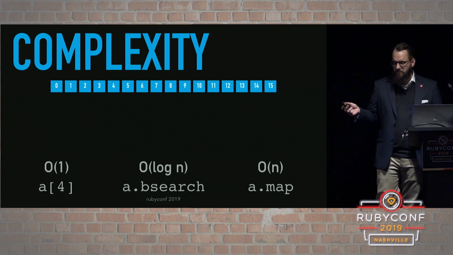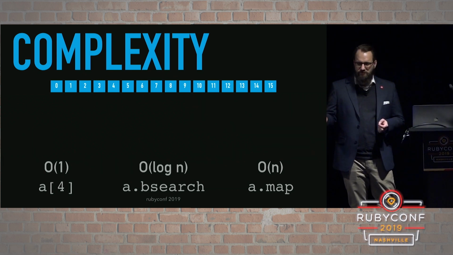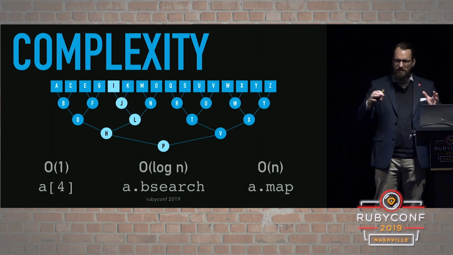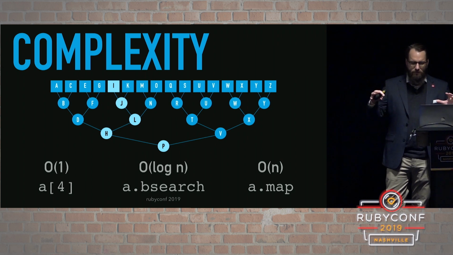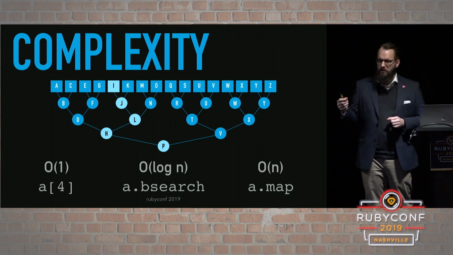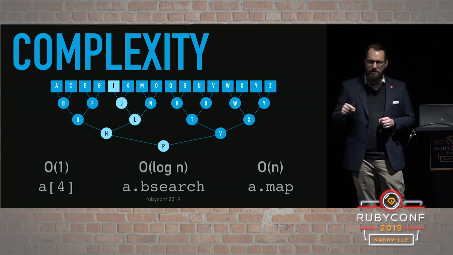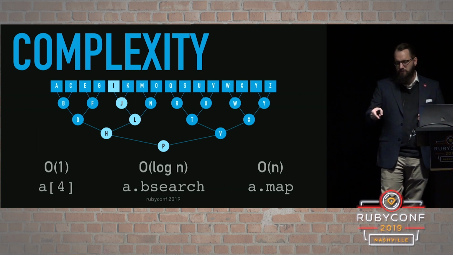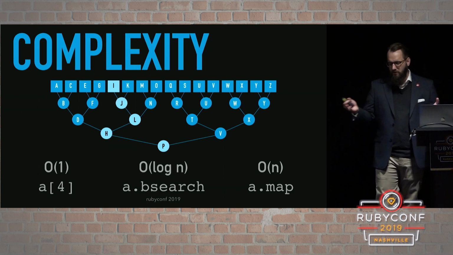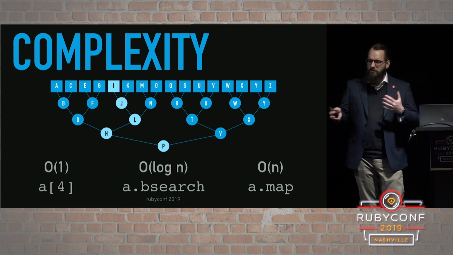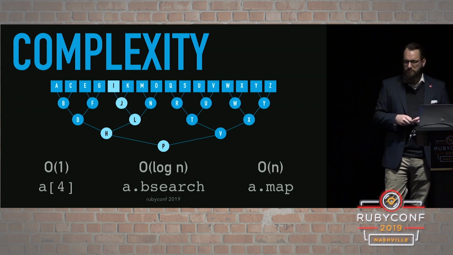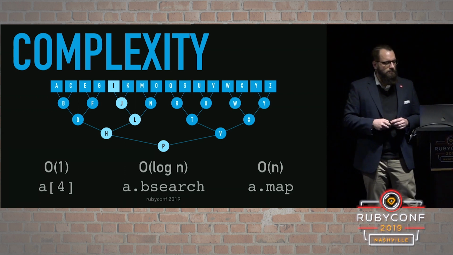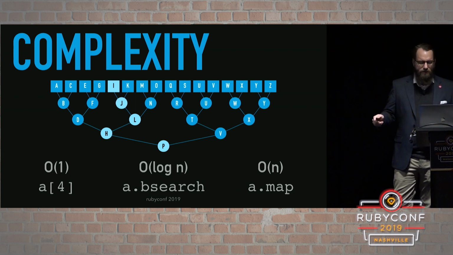And so if we had, instead of the numbers 0 to 15, a sorted list of most of the letters in the alphabet, but we didn't know exactly where all of them lied, but at least they're sorted, then you could use a binary search, that's what the B stands for, to make your way through a tree to get to where you want to go. And you can see this would take 1, 2, 3, 4, 5 operations to get there out of 16 things. So the binary log of 16 is approximately 4-ish, right? Or it is 4. So that's how we get the O log n.